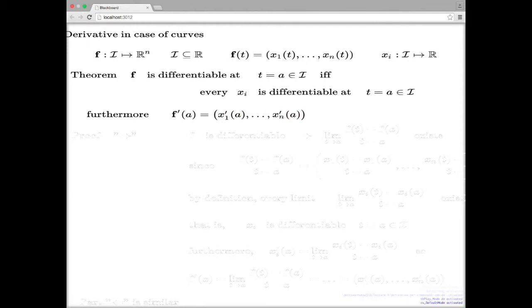So the theorem we're discussing, the theorem which you saw already, just repeating the statement on this slide again, we say that the function f is differentiable at some point if and only if every component xi is differentiable at the same point A. Furthermore, the theorem claims that the derivative of this vector function will be a combination of derivatives of individual components.